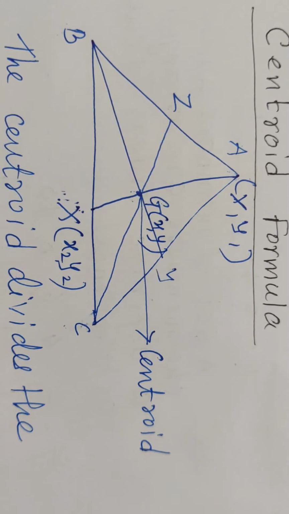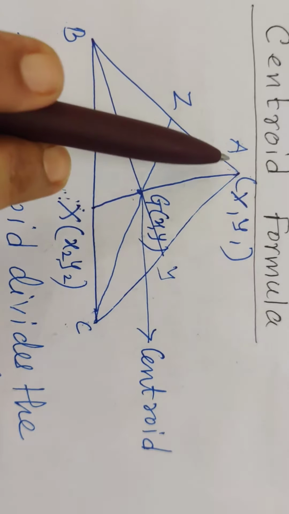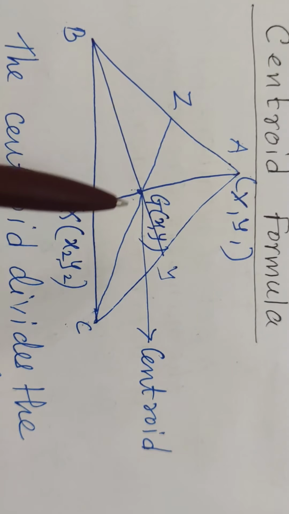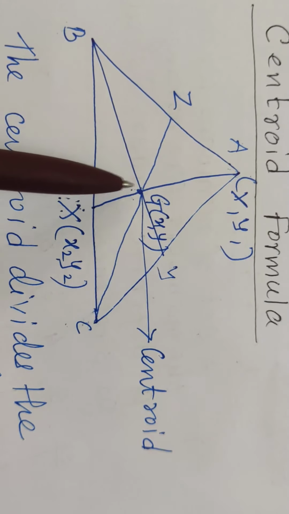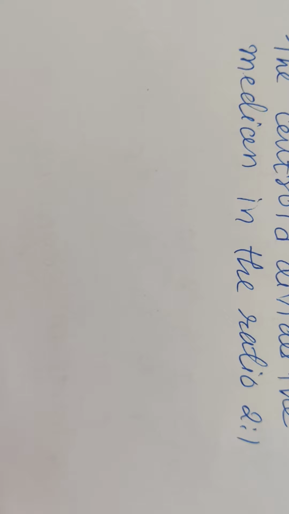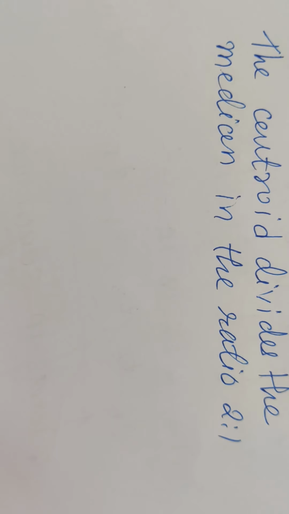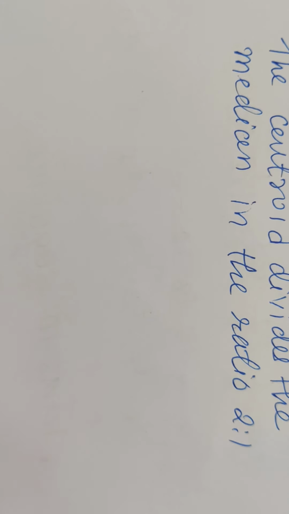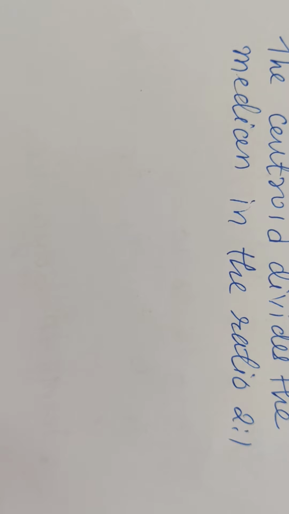If you know the coordinates, then we can find the coordinates of G using the centroid formula. And the centroid formula I am writing here. Two coordinates are there, x and y.